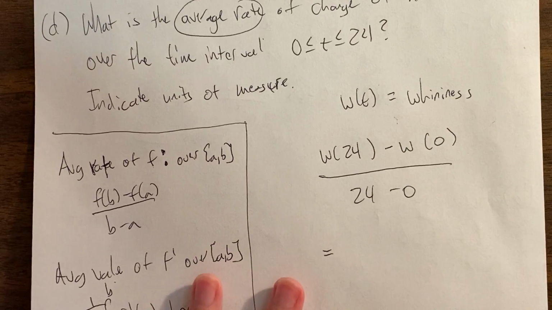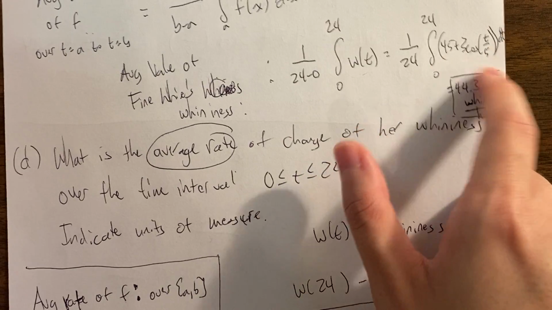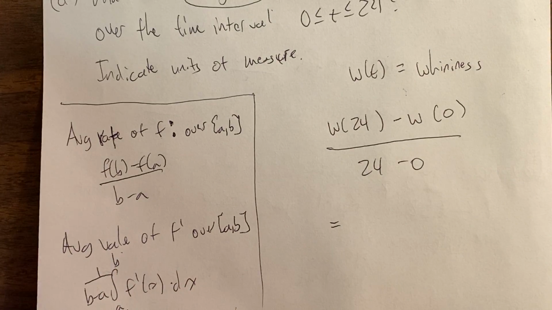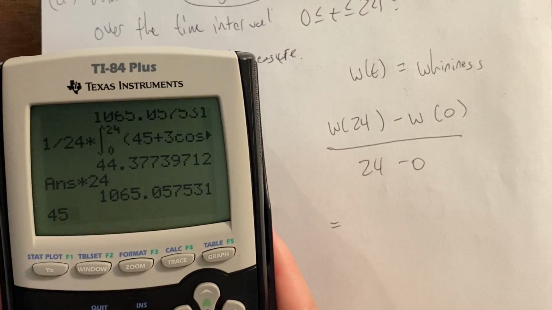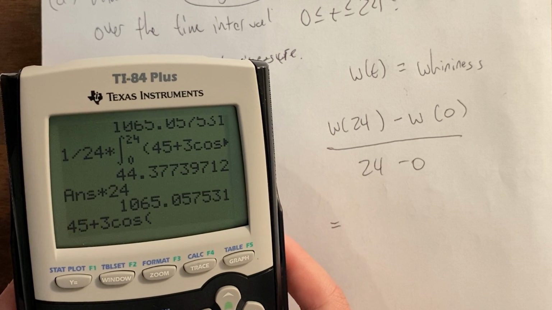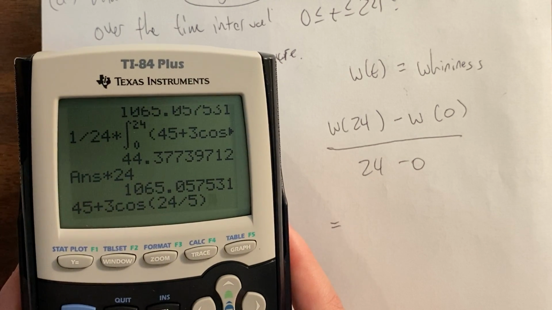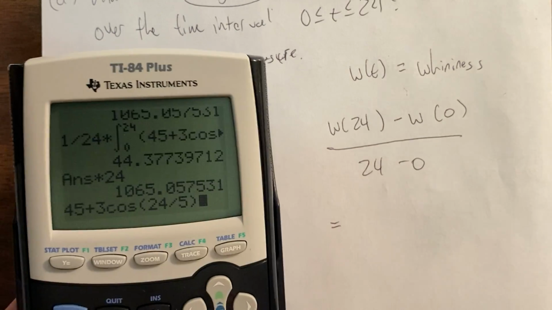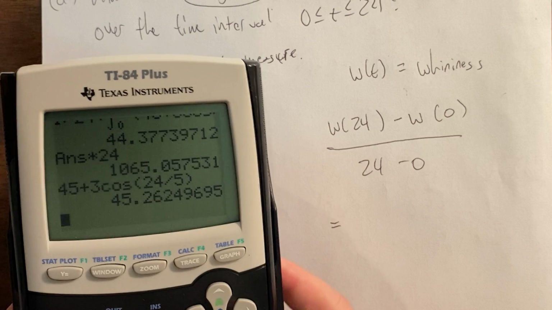Let's first quickly find this number. So remember, w is written right here, 45 plus 3 cosine of t over 5. So let's do that real quick. I'm going to plug in 45 plus 3 cosine of 24 divided by 5. That's going to be w of 24. So remember, average rate is usually just algebra slope, so it's going to be that.